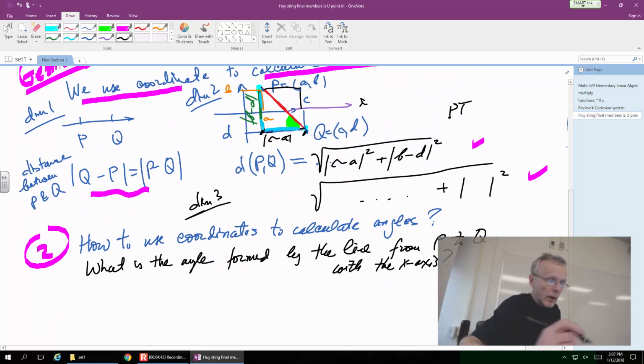Okay, so once again, the angle formed by the line from P to Q, the picture is right there. We know about P and Q only 2 things, and that is their coordinates, A, B, C, D. How do we find the angle? I'm only bringing up this question as a part of review, because you know the answer.